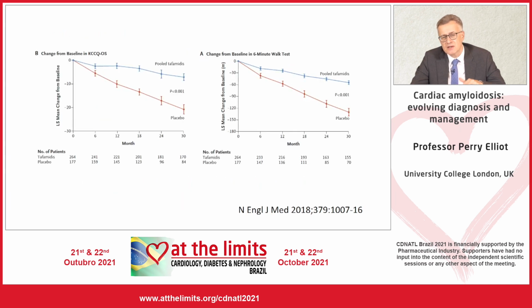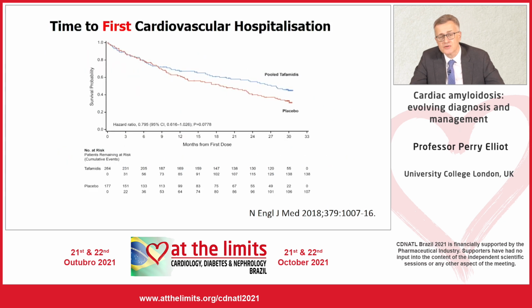Importantly, this therapy is not designed to reverse the disease, it's designed to stabilize the disease, and we certainly saw stabilization in terms of symptom class as well as in functional capacity as measured by 6-minute walk test. And we also saw reductions in hospitalization.